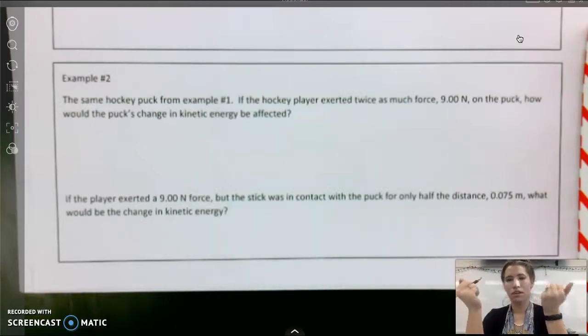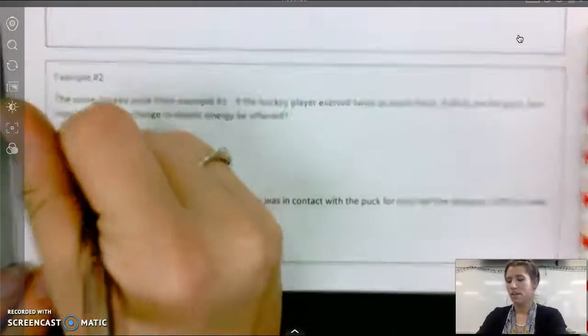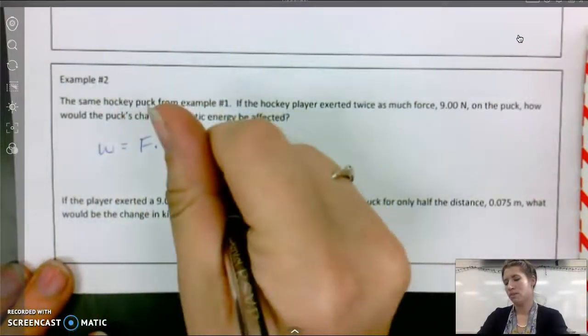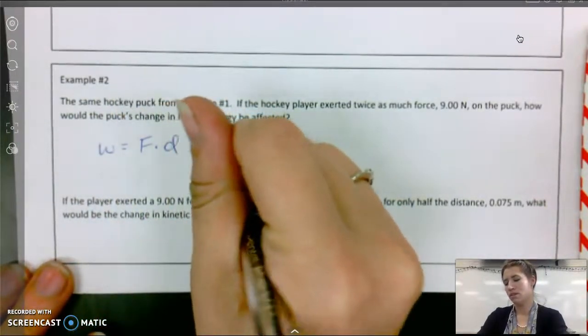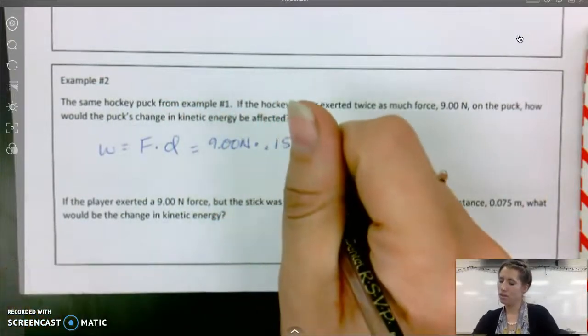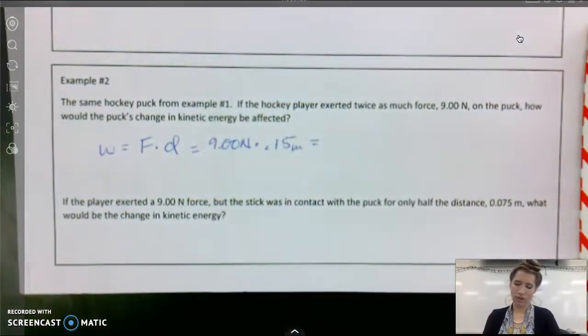So we just need to recognize that change in energy is the work. And so work is force times that distance. The force is doubled now, so it's 9 newtons. The distance is the same. And so it would make sense that if that force doubles, then the work would double.